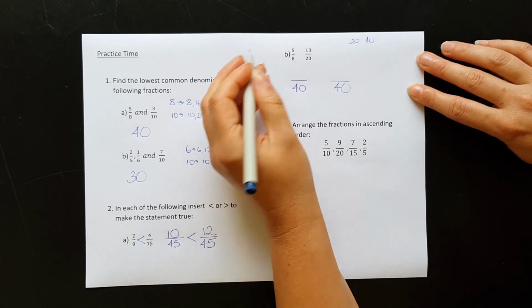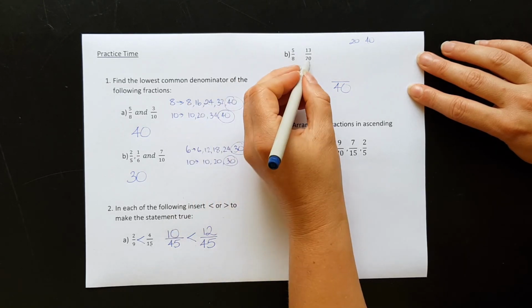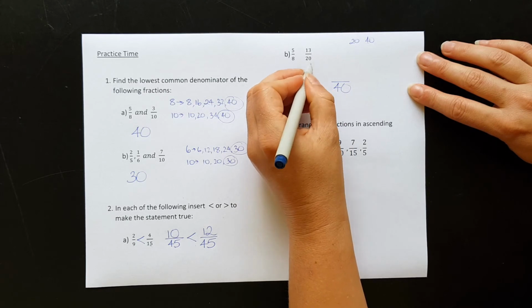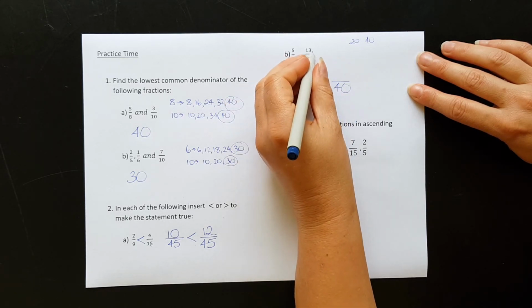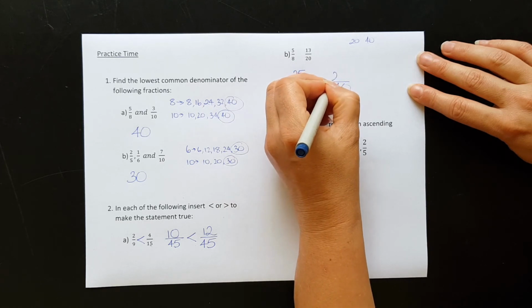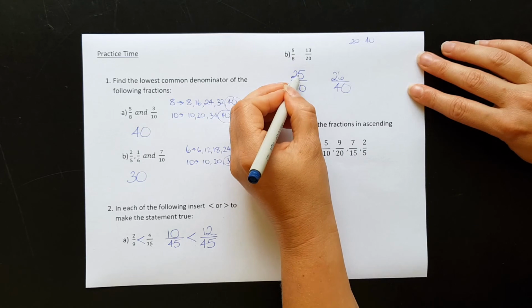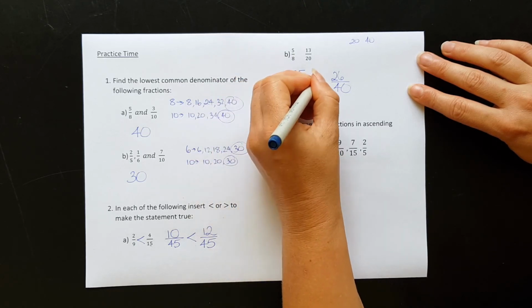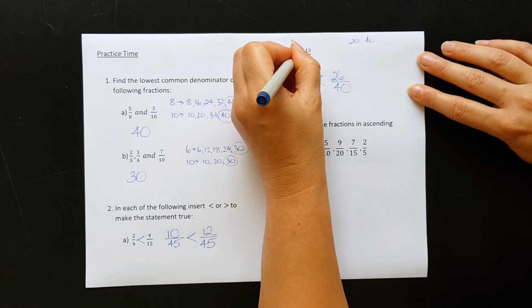So let's times the top by 5. 5 5s are 25. 20, I have to times by 2 to get 40. So times the top by 2, 13 times 2 is 26. Okay, this one is slightly bigger than that one. So pointing to the little one, or big mouth opening to the big one, I need a less than sign again.